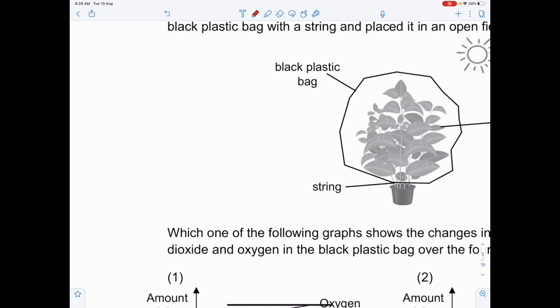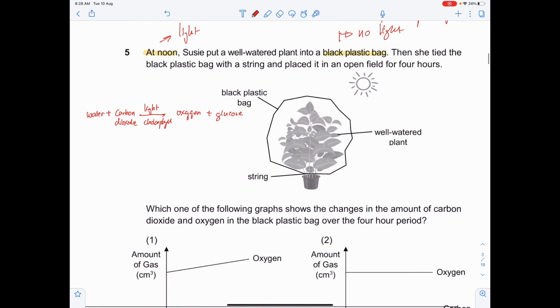So we know that in photosynthesis, you need water, you need carbon dioxide, in the presence of light energy, together with your chlorophyll, which helps to trap it. And then what you would get in return would be your oxygen and glucose, also known as your sugar.